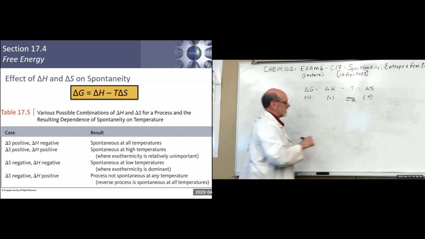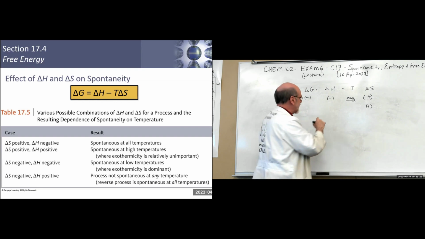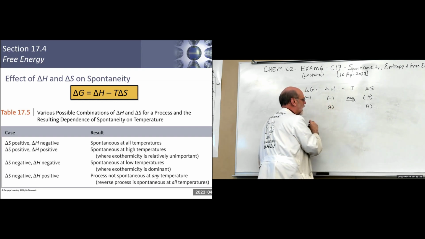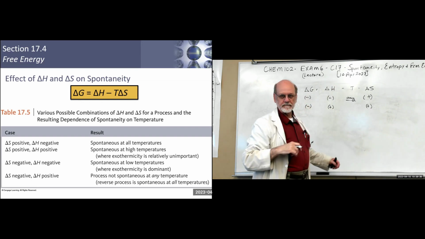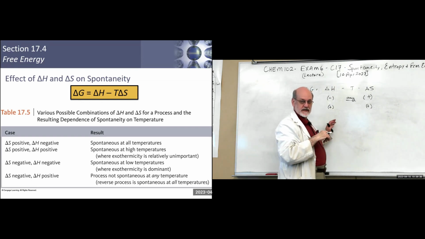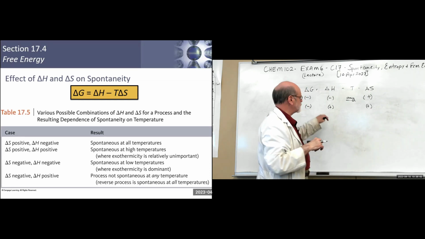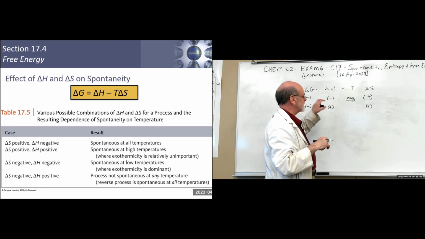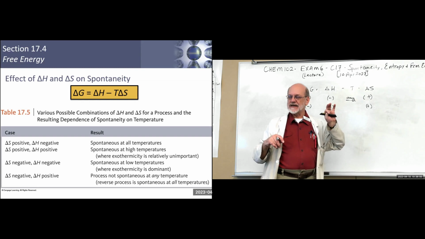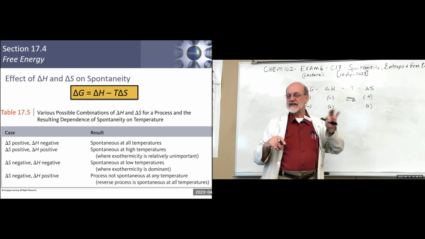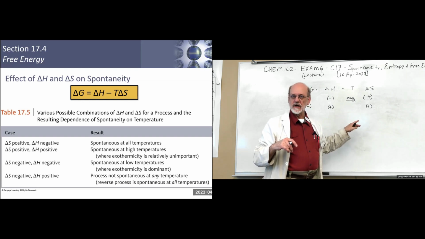If delta S is positive, okay, is our next situation, and delta H is positive, under what conditions will you get a negative here? Well, under these conditions, you need to find a set of conditions where the change in enthalpy is less important. We talked about those a few slides ago.